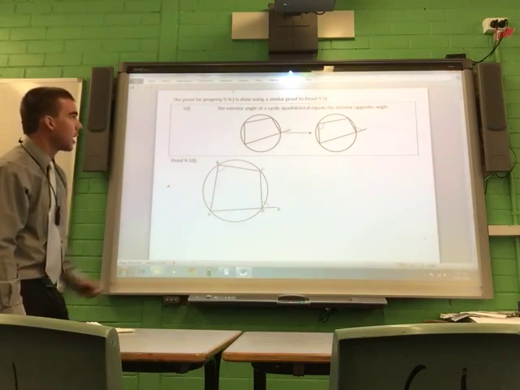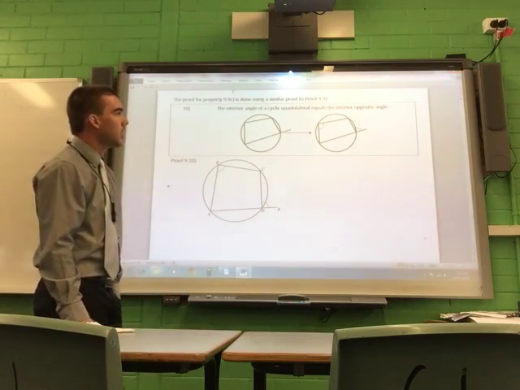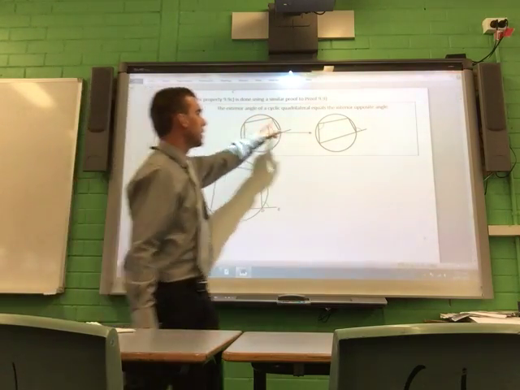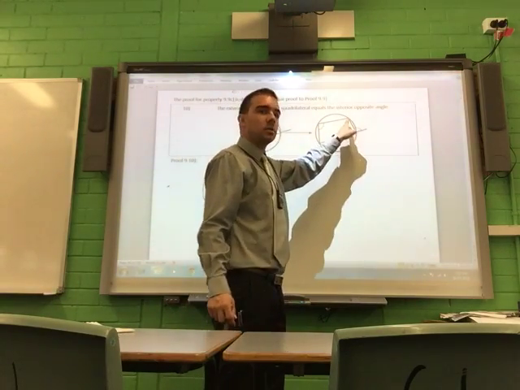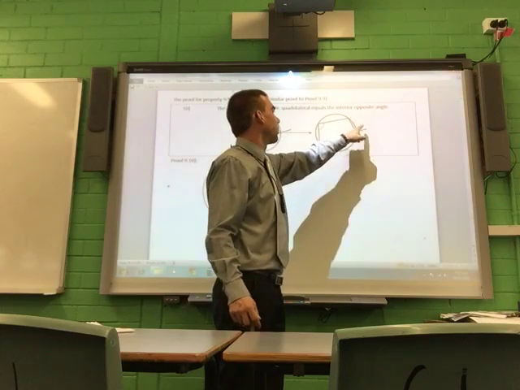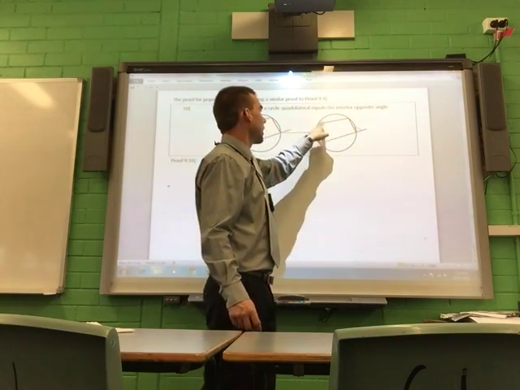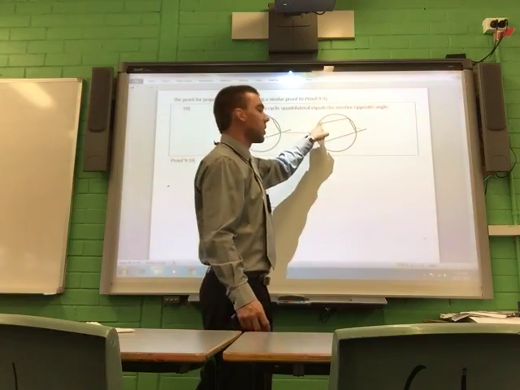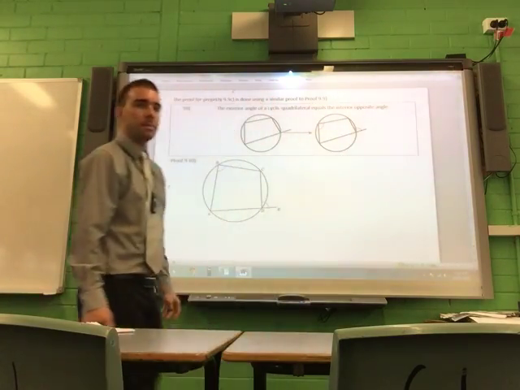Okay, so the exterior angle of a cyclic quad equals the interior opposite angle. Okay, so this exterior angle formed by the extension of this side back to the other side of the quad. Okay, interior, so go back to the interior, and then the opposite. Those two angles are equal.